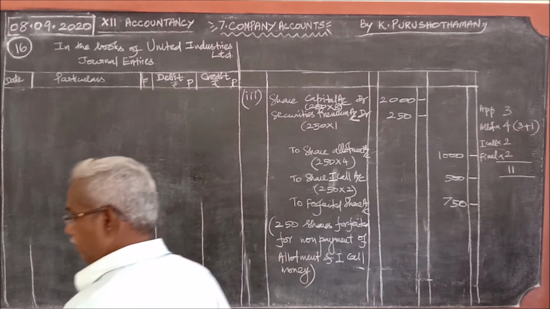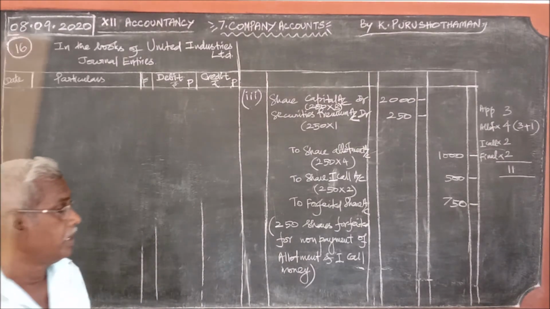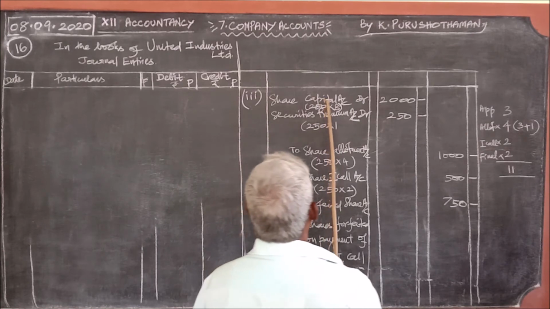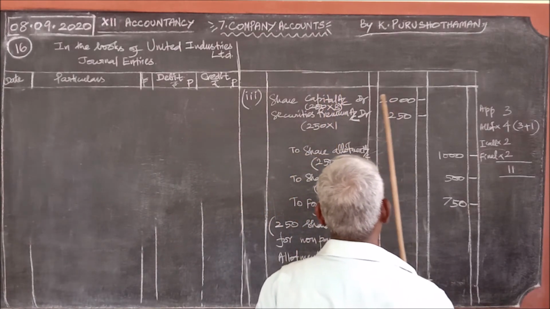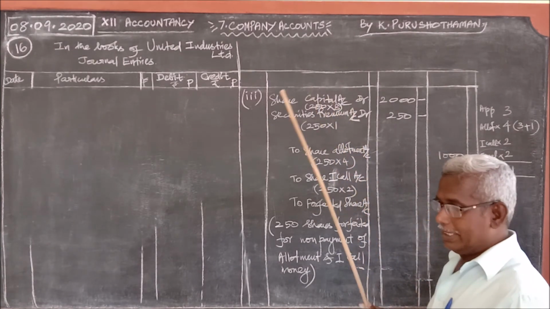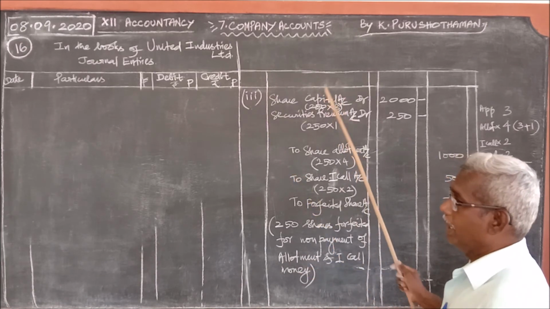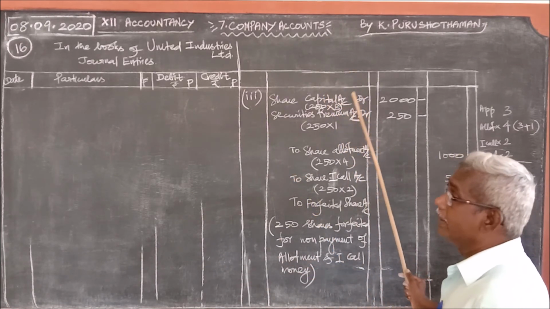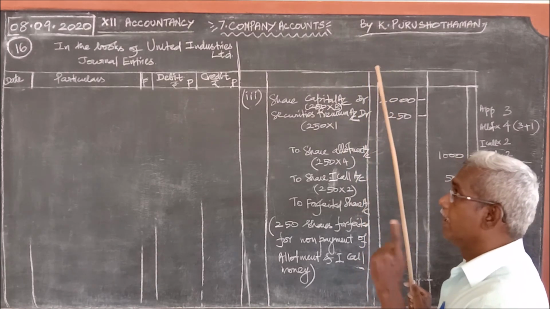Once again I repeat what I explained here. This is a very important place where you may make a mistake. Why have I taken 250 into 8? In the other two subdivisions, you might have seen 250 into 10, but I did not write 10 here, I have written only 8 rupees. Why?